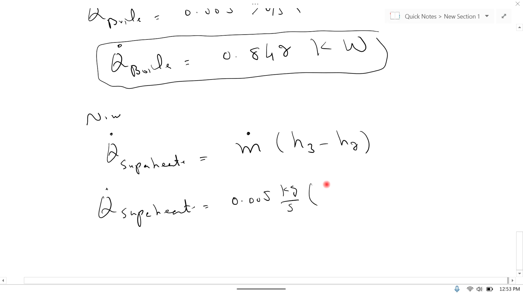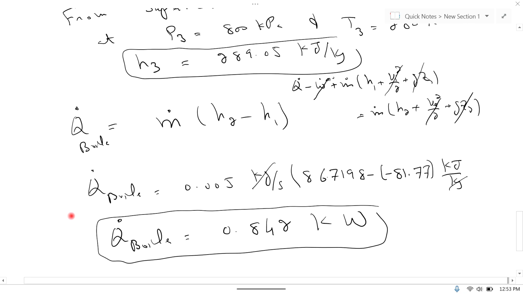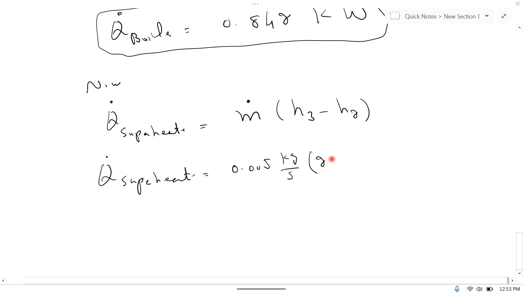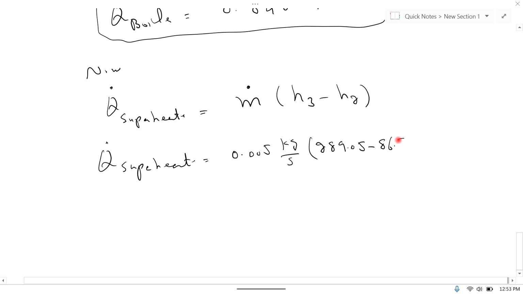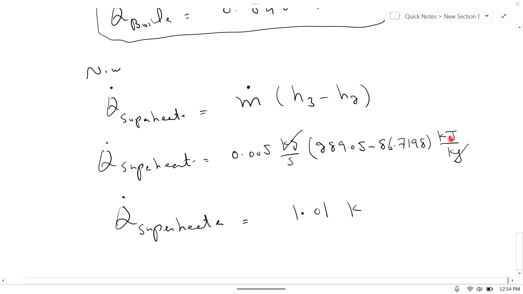H3 is equal to 289.05 minus H2 is 86.7198 kilojoule per kilogram. Kilogram is cancelled with kilogram. So rate of heat transfer in superheater is 1.01 kilowatt. 1.01 kilo and joule per second. Joule per second is equal to watt.